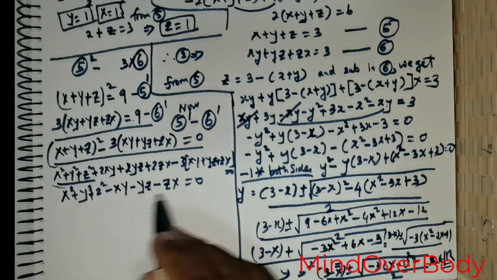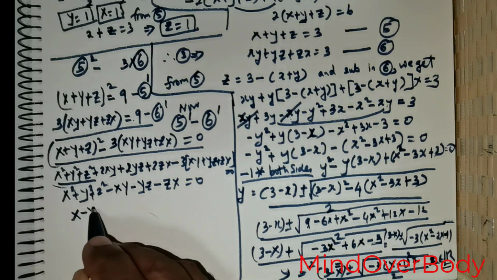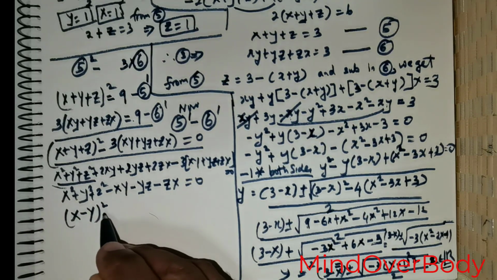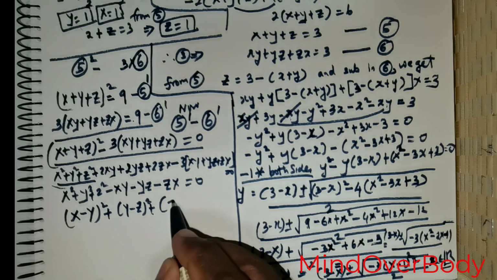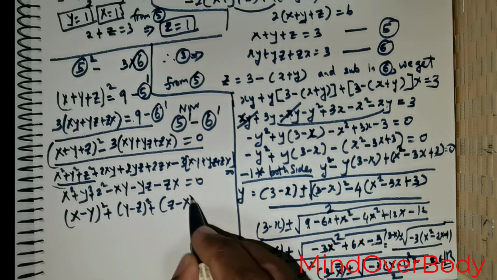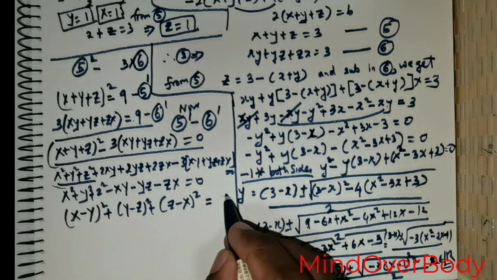Now this entire expression can be rewritten as (x - y)² + (y - z)² + (z - x)² is equal to 0.